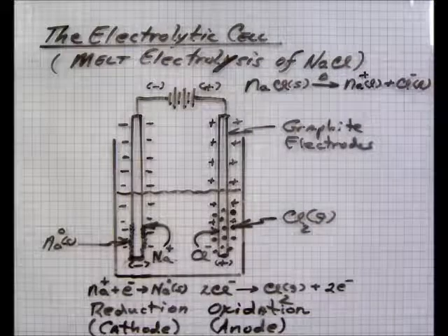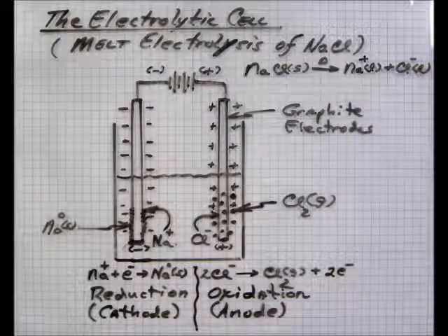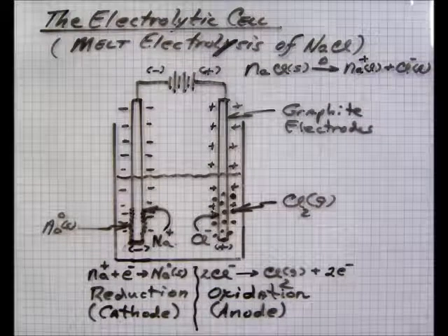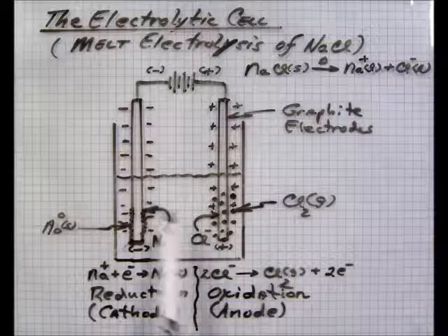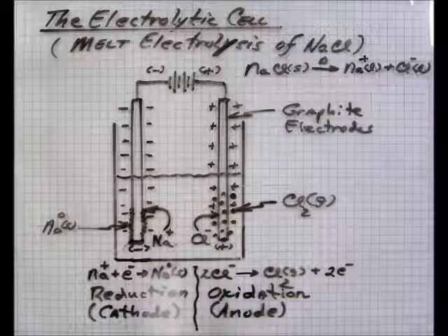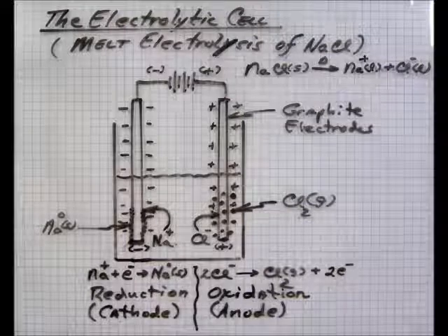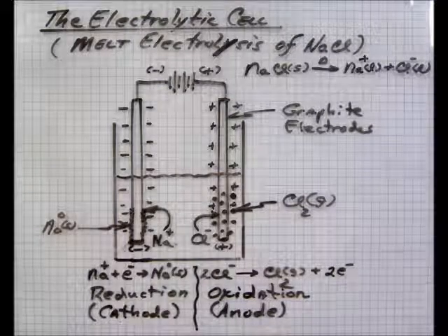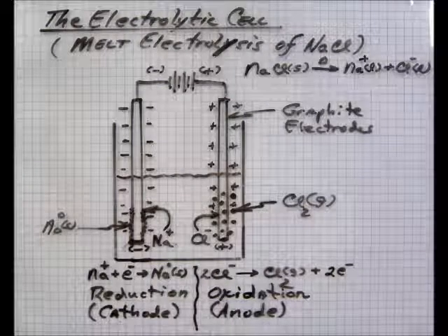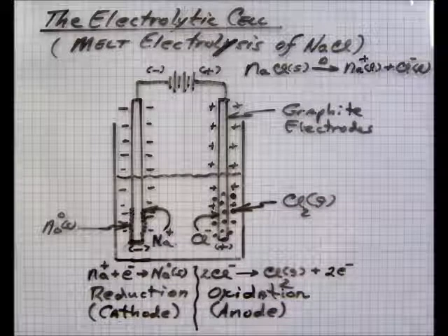Of course, the process would continue so long as we had a quantity of sodium and chloride available for attraction to the electrodes and undergoing the oxidation and reduction process.